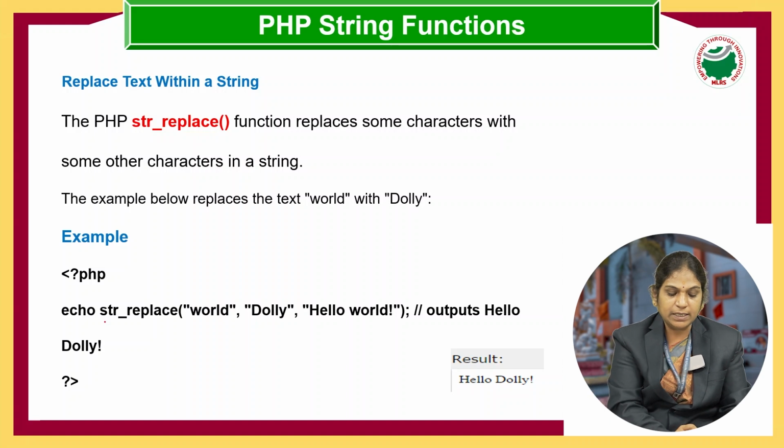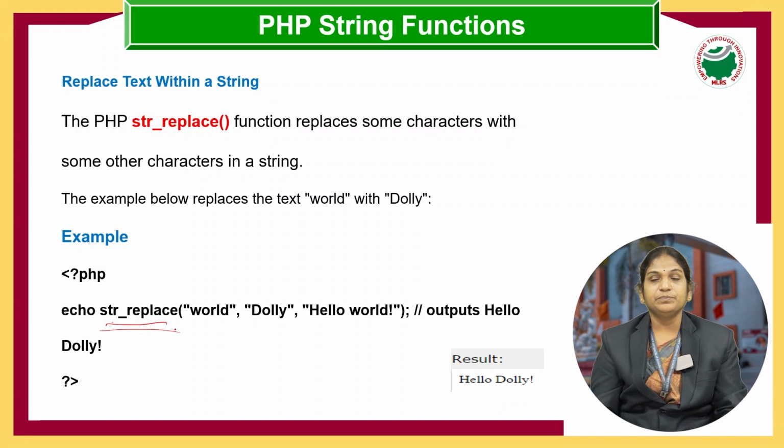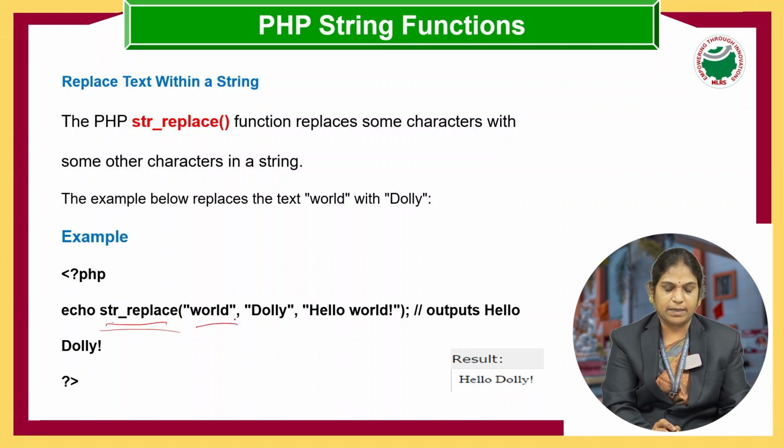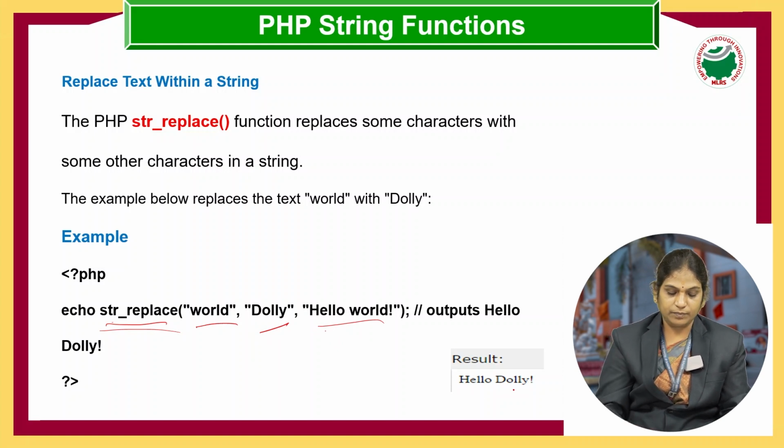And to replace a word in the place of another word, we are using the function str_replace. So in this example, world should be replaced with dolly, in which string? Hello world. So the output will be hello dolly.